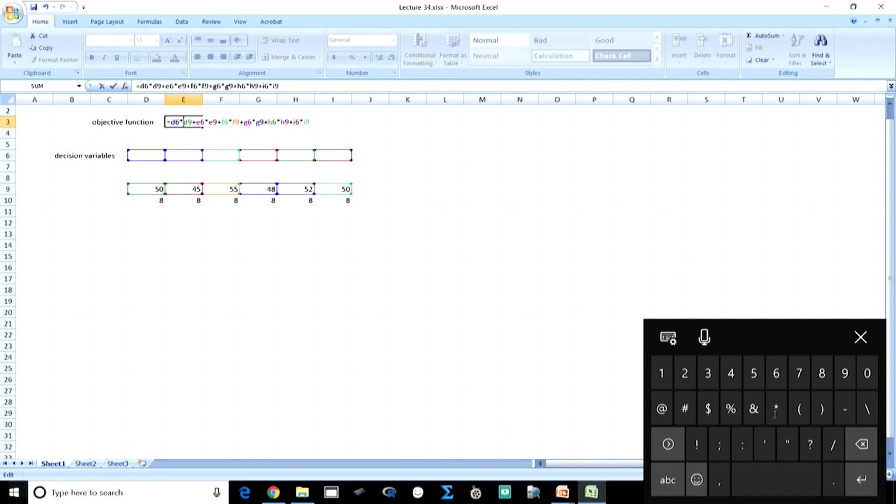So this is the total production cost we have, and we need to add the plus symbols and also a bracket before and after it.